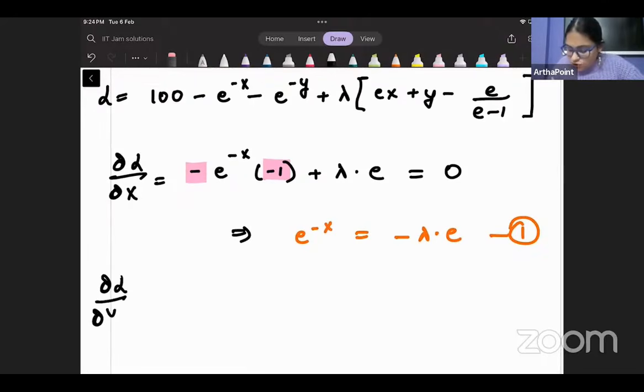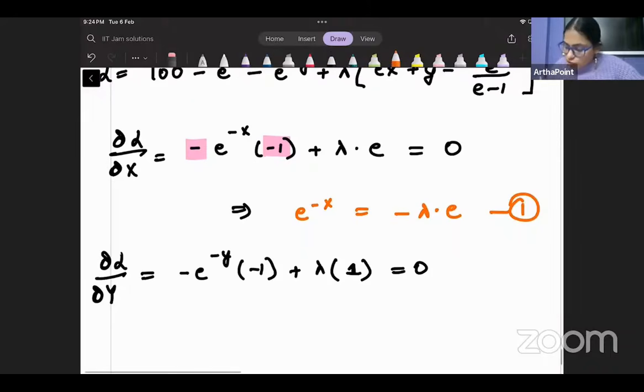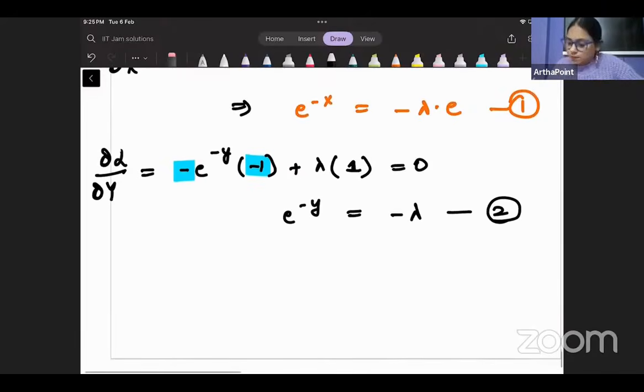Differentiate this with respect to y. तो मिलता है हमें minus e to the power minus y into -1 plus lambda into 1 equal to 0. तो बच्चे you will get minus again -1 into -1 हो गया 1 becomes 1. तो बेटा you will get e to the power minus y is equal to minus lambda. बच्चे ये हो गई हमारी equation number 2.